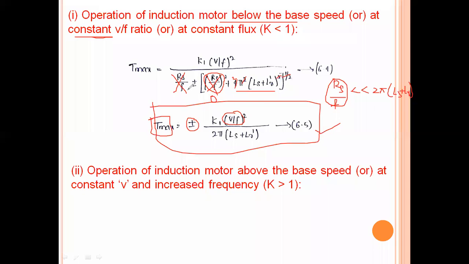Right? So the speed torque characteristics can be constant, which means that for different speeds, the torque is a constant value for a period of time, because we are getting the maximum torque for different speeds.